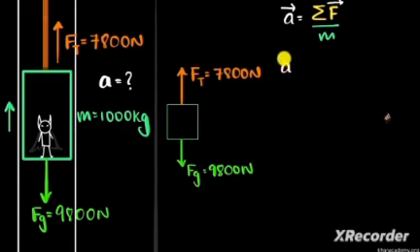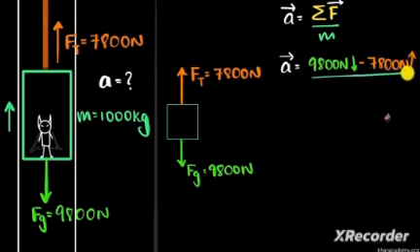All right, let's try. So our acceleration would be the net force. How do I figure the net force out? Well, since the forces are in opposite directions, we'll subtract them. I'll take the bigger number, 9,800 newtons, which is acting downwards. We need to take care of the direction. From that, I'll subtract the smaller number, 7,800 newtons, upwards, divided by the mass, which is 1,000 kilograms.